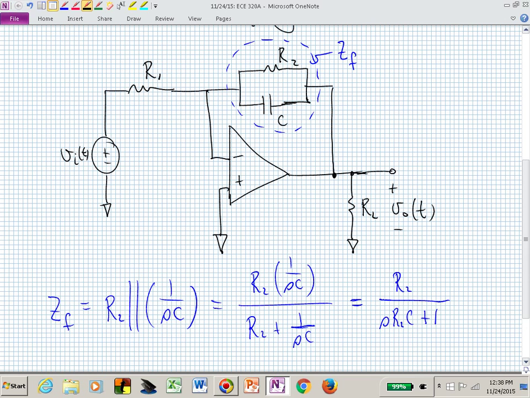So now I hope you're starting to think, maybe I could write a node voltage at that particular node, V sub n, at the inverting terminal of the op-amp, where relative to that node, I have a current going to the left, a current going to the right, and a current, theoretically, going into that inverting terminal.